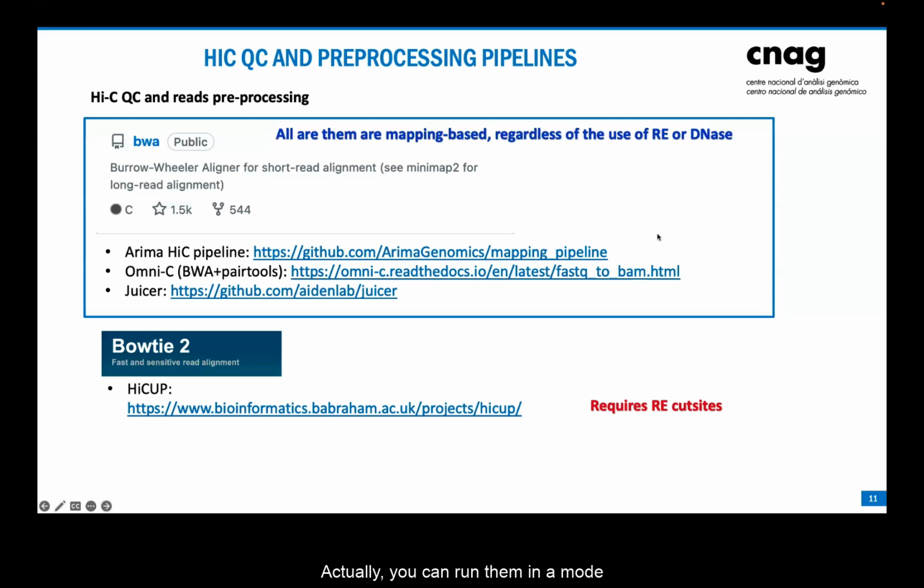Actually, you can run them in a mode where you don't specify the restriction enzyme, the restriction site. While with HiCap, you explicitly need to specify the cut sites.